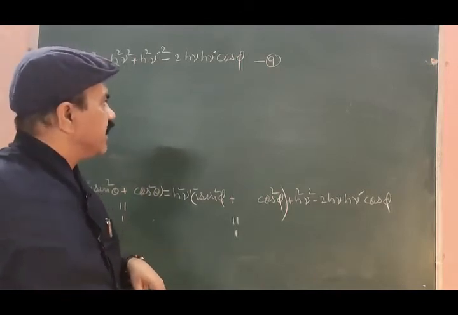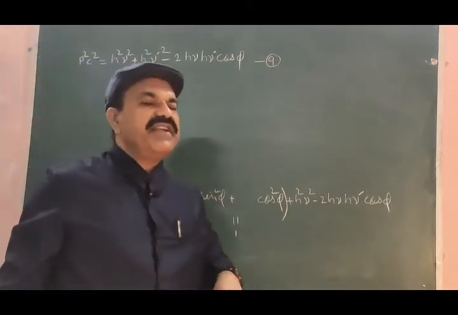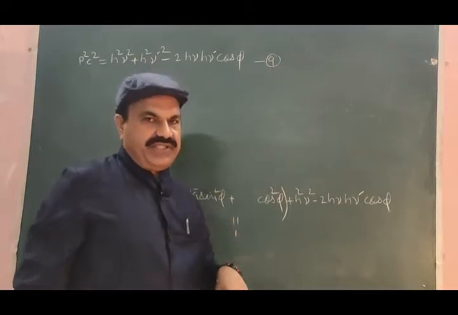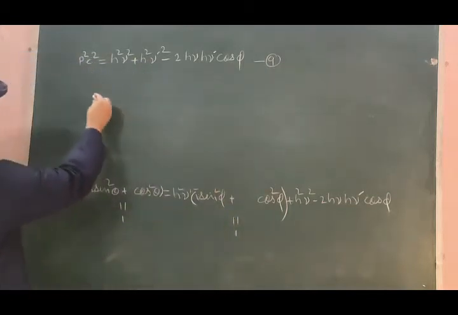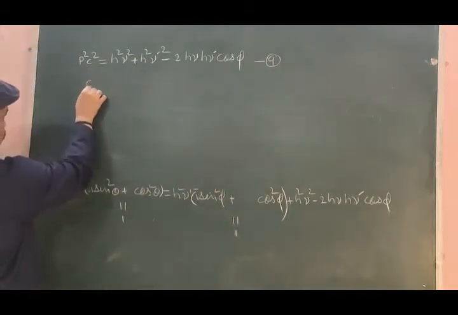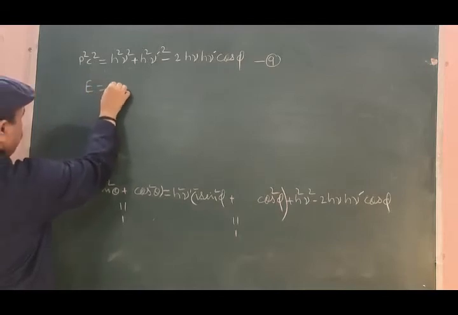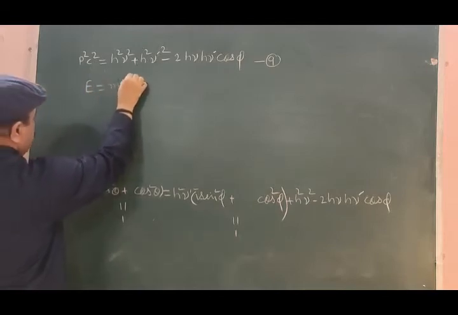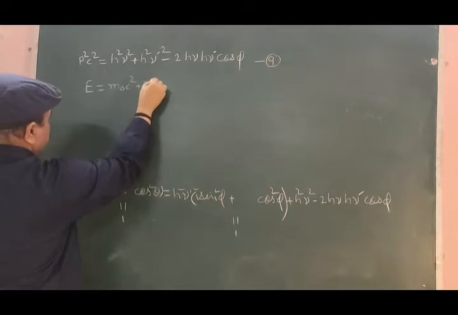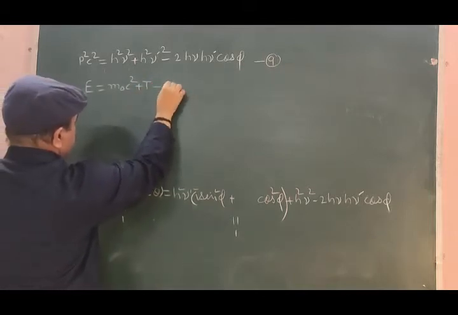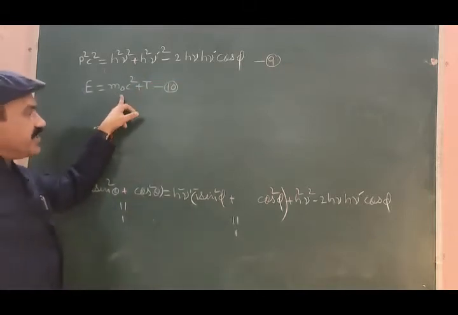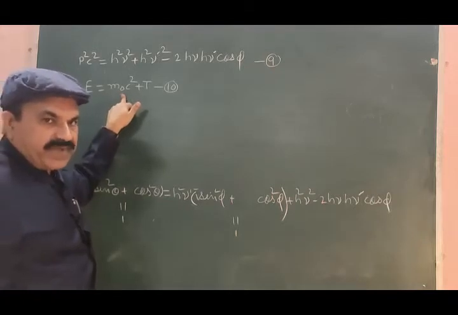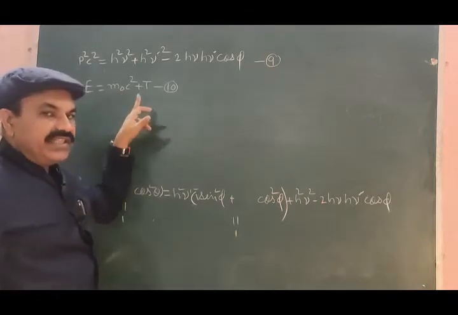Then let me write the expression for total energy. Total energy E is given by m0 c square plus T, equation 10, where m0 c square is the rest mass energy and T is the kinetic energy.